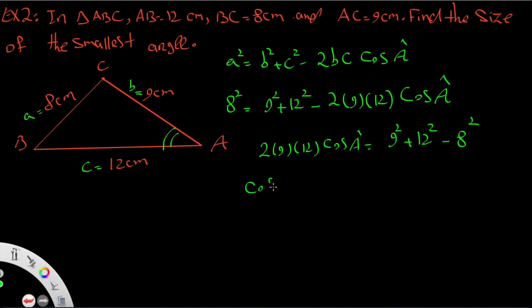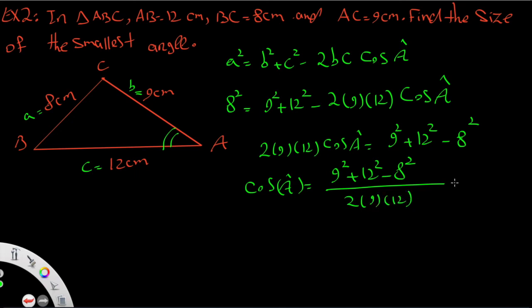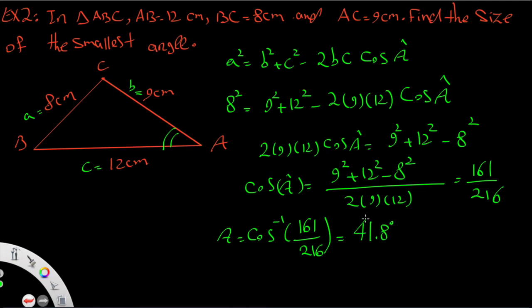So cosine of angle A will be 9 squared plus 12 squared minus 8 squared over 2 times 9 times 12, which is equal to 161 over 216. Now angle A will be cosine inverse of 161 over 216, which gives you an answer of 41.8 degrees.